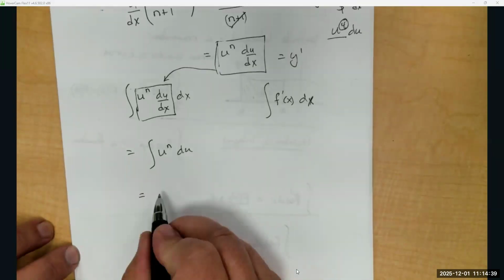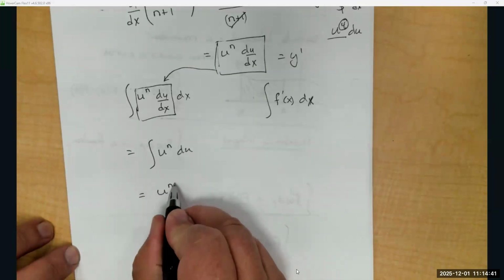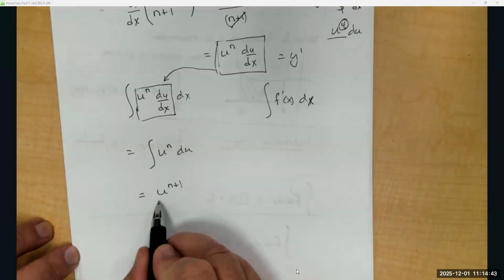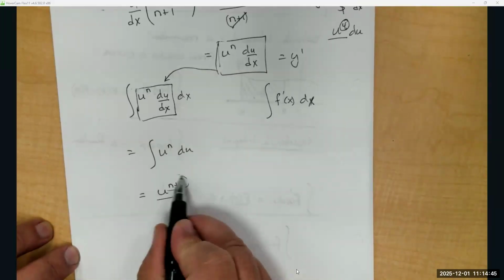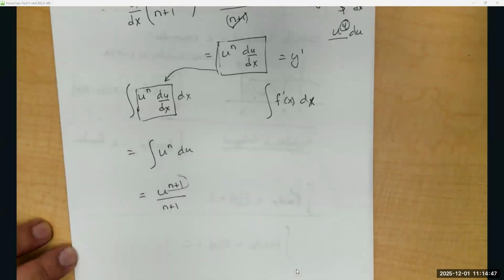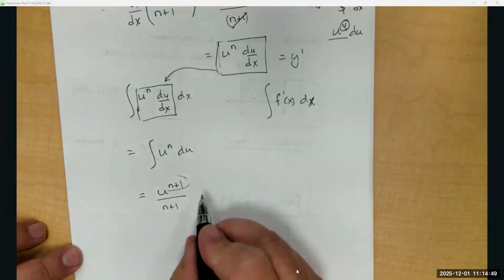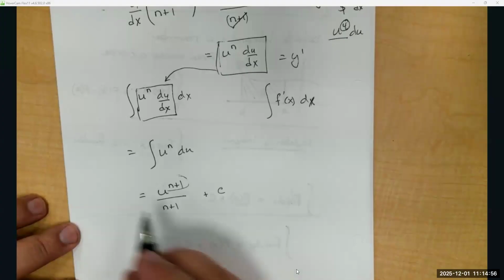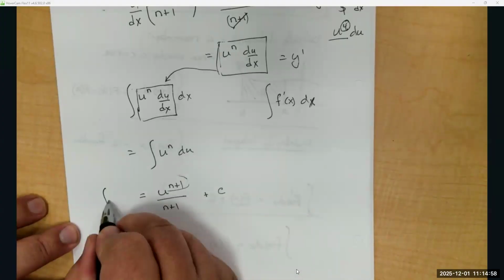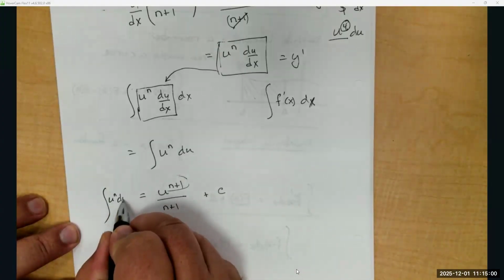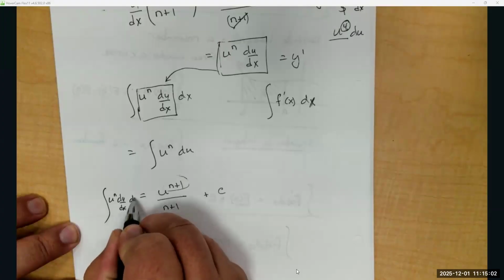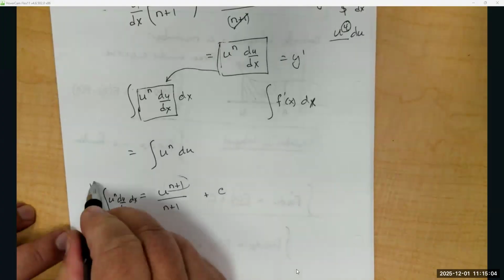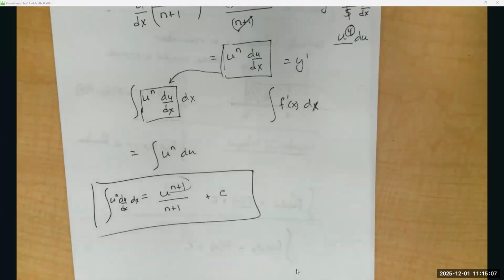So what this is going to give us is u to the n plus 1. Whatever I change on the top, I have to put on the bottom. Plus some constant. So the integral of u to the power n du dx is equal to this.